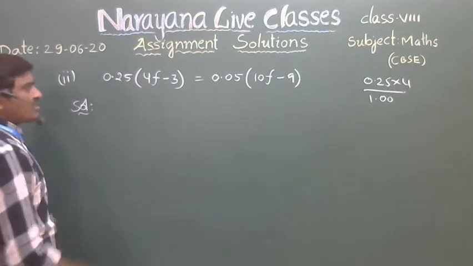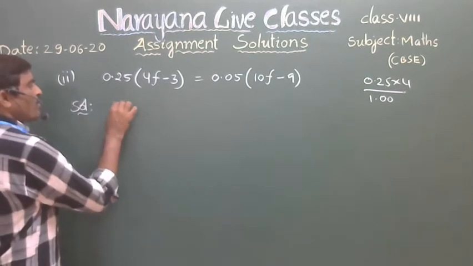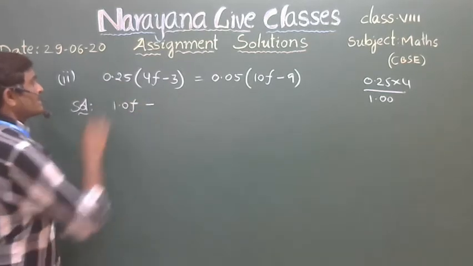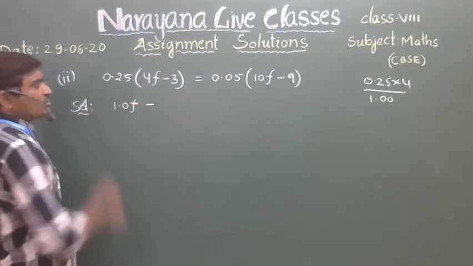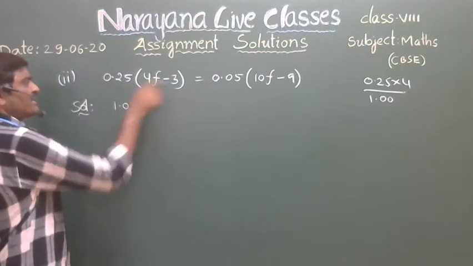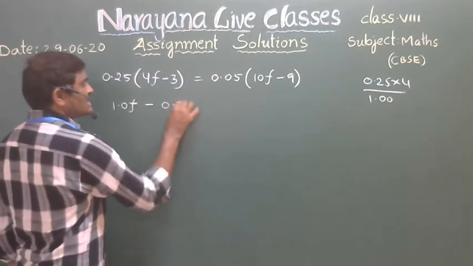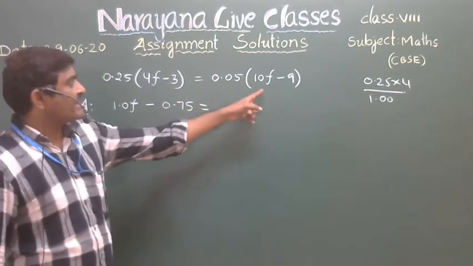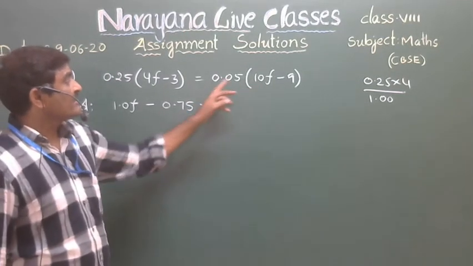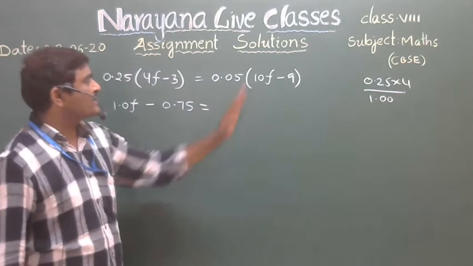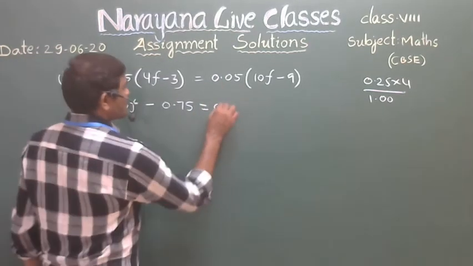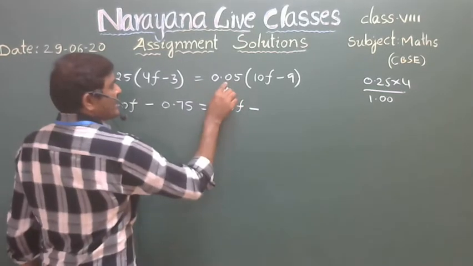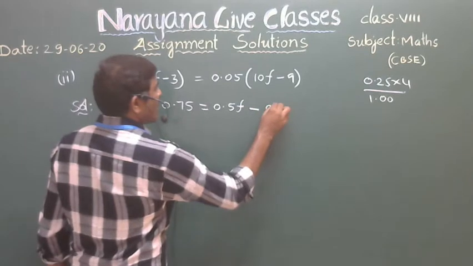So 1.00 is nothing but 1.0, we write f, 1.0f minus 0.25 into 3, 25 threes are 75, we get 0.75, equal to 0.05 into 10. When multiplied with 10, the decimal point moves right by one digit, which means we get 0.5f minus 9 into 0.05, equal to 0.45.